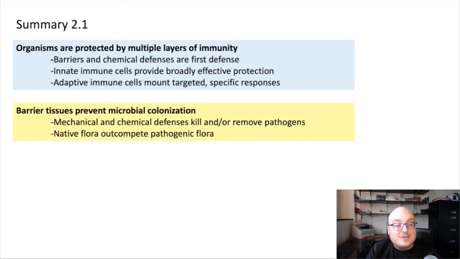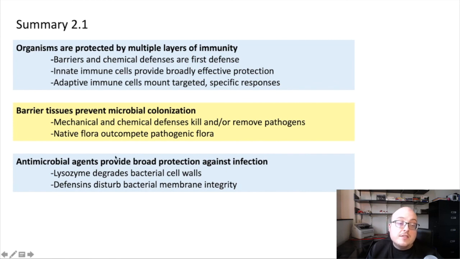So going back to the barrier tissues, the way they function primarily to prevent microbial colonization is through a combination of mechanical and chemical defenses, which either kill pathogens or simply remove them from our bodies somehow. And in addition to this, our barrier tissues are coated with native flora, our native microbiome, which outcompete potential pathogenic flora that are trying to colonize us.